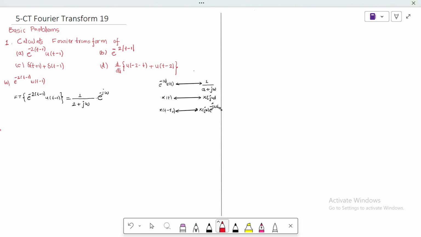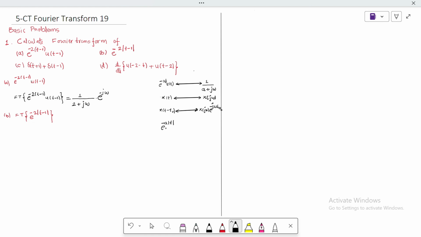The next question is also the same. Find the Fourier transform of e power minus 2 mod t minus 1. Here also we know the formula. e power minus a mod t, but you don't write the unit step multiplication in this.